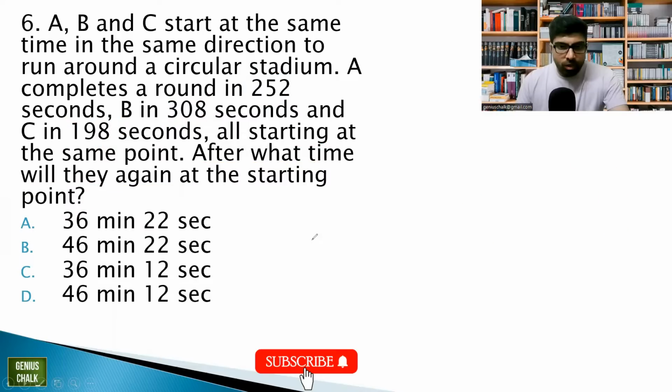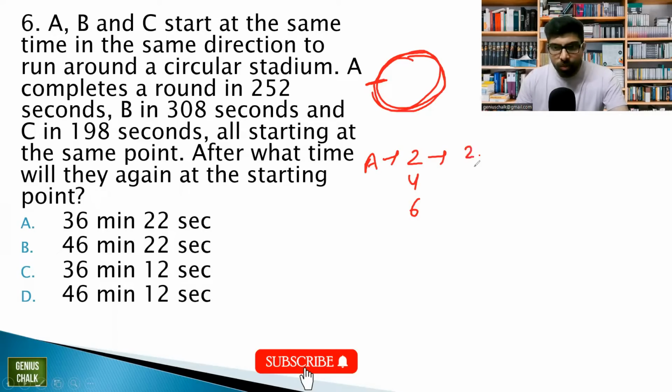So let's say, just for understanding, suppose 2, 4, and 6. Suppose they all three started from here, and the first person, A, can finish this circle in 2 minutes. So he will cover this in 2 minutes. Then he will come to the same point in 4 minutes, then in 6 minutes, 8 minutes, 10 minutes, 12 minutes, and so on.